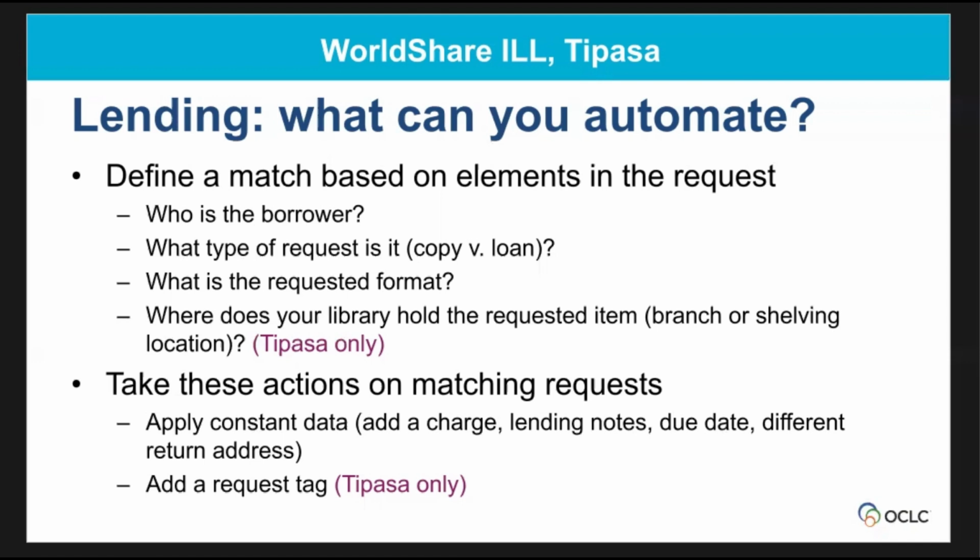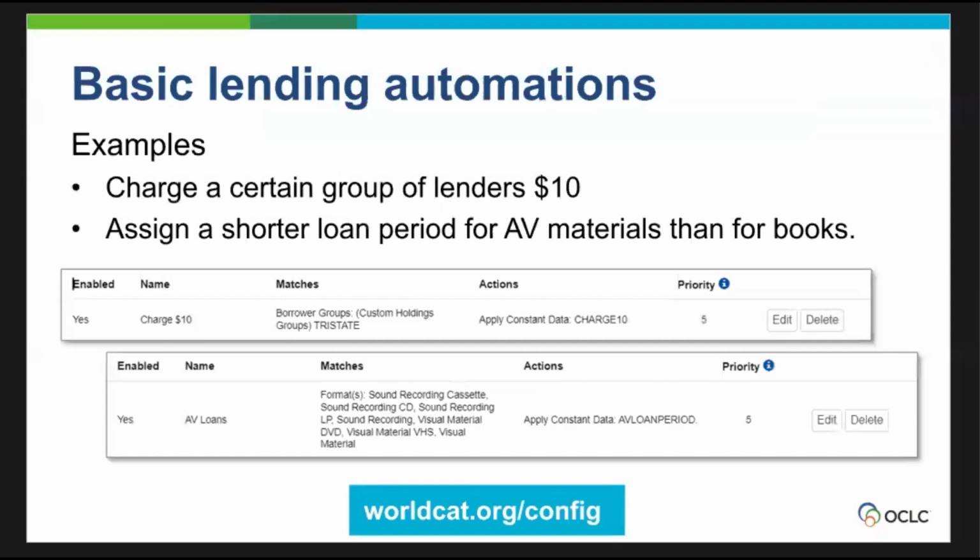You can tag it, and then they look for all of the requests that have that tag on it. So it's a Tipasa thing. If you don't have multiple campuses, it's probably not a big deal. There are probably other reasons you might want to attach a tag to a lending request, but this is one of the key reasons.